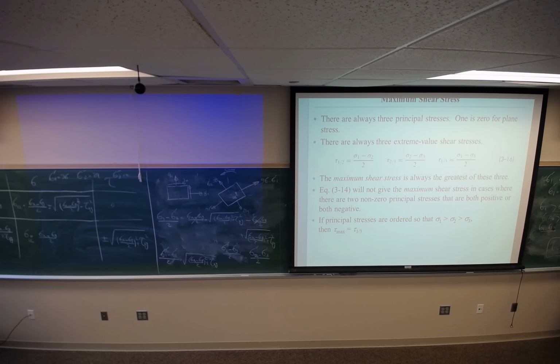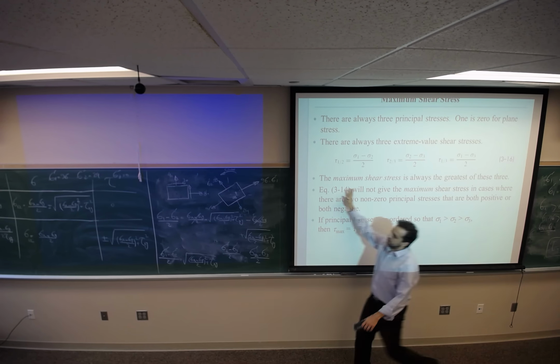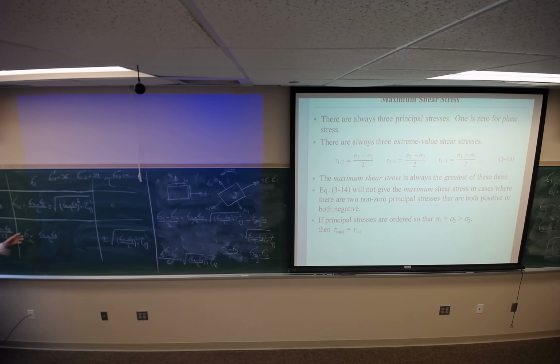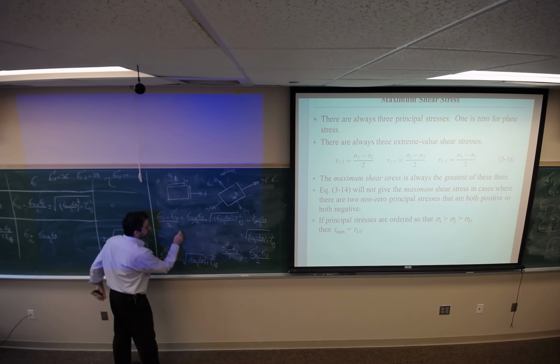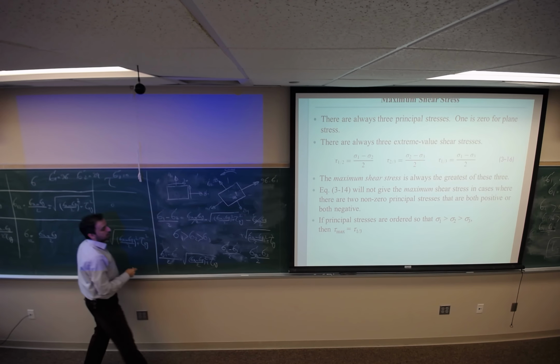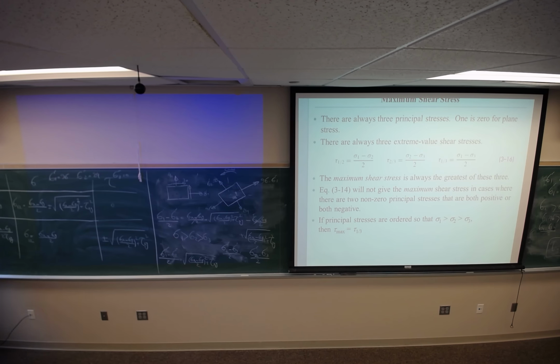So to answer this question, what would be the maximum shear stress? What you need to do is order the principal normal stresses in this form: sigma 1 is greater than sigma 2 is greater than sigma 3.